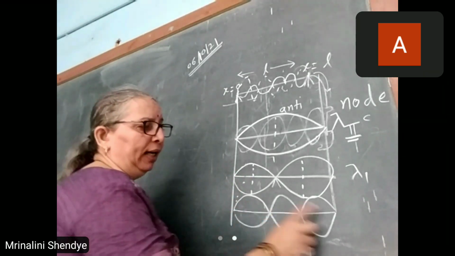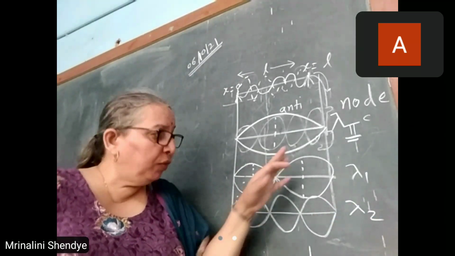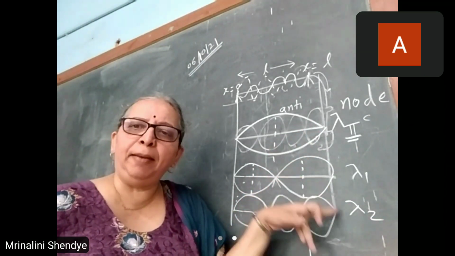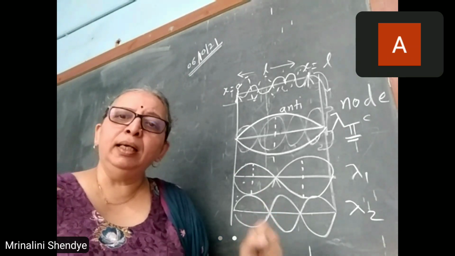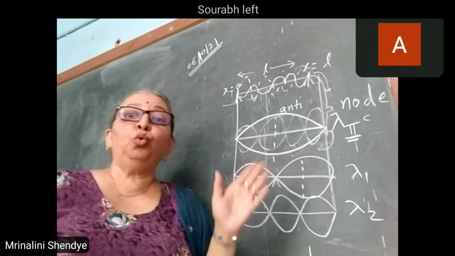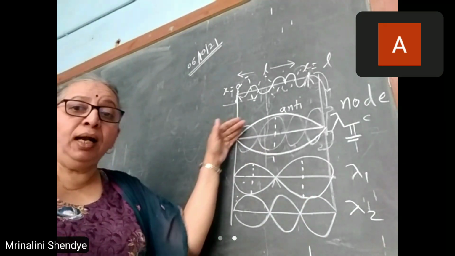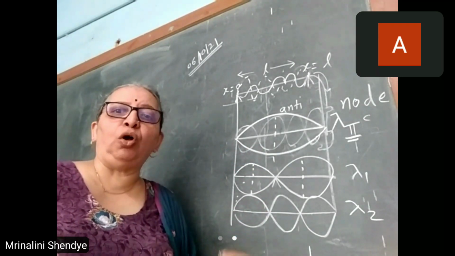So the wavelength of waves generated in this case will be different from lambda as well as lambda 1. But this way you can set this string to vibrate, and we get different natural modes of vibration.